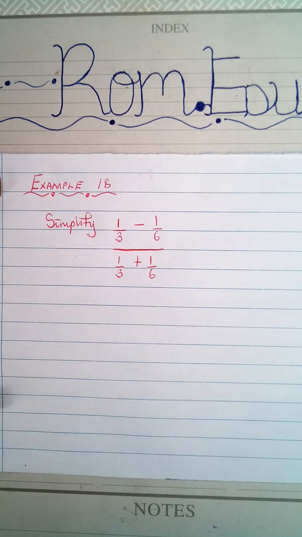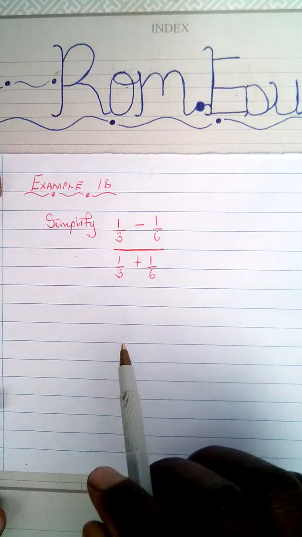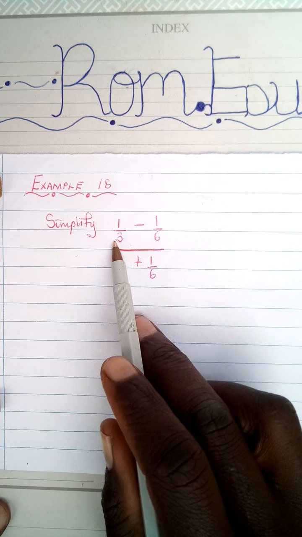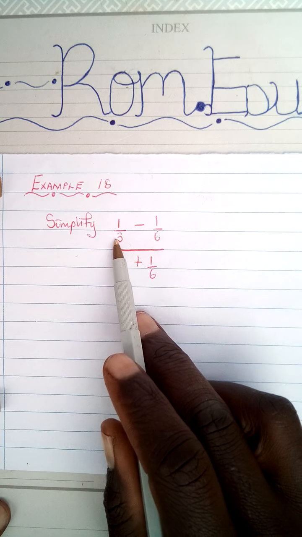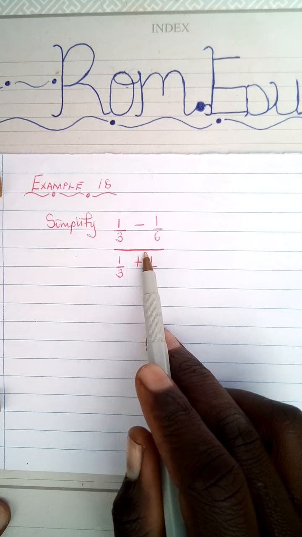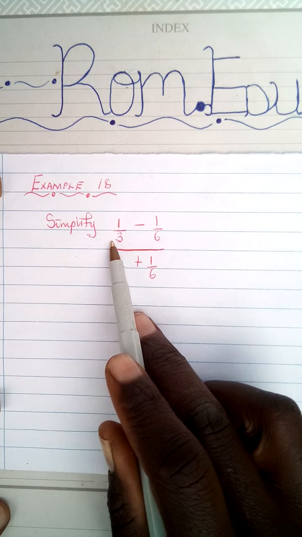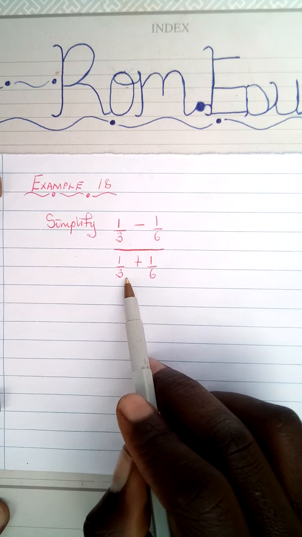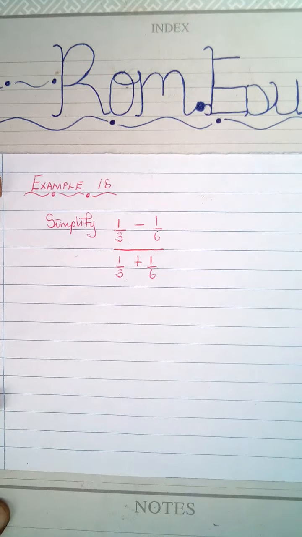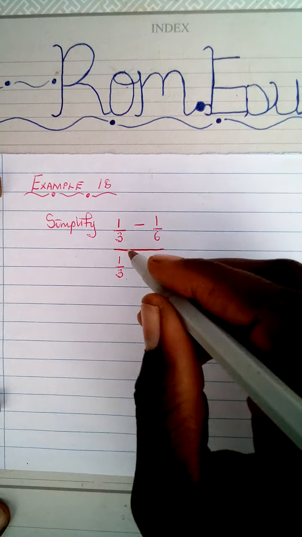So let's quickly look at example number 18, which says simplify 1 over 3 minus 1 over 6 being divided by 1 over 3 plus 1 over 6. So now we can actually see that, remember, the division sign is actually covering everything on the numerator and everything on the denominator. So here there's one thing that is hidden, that is brackets.